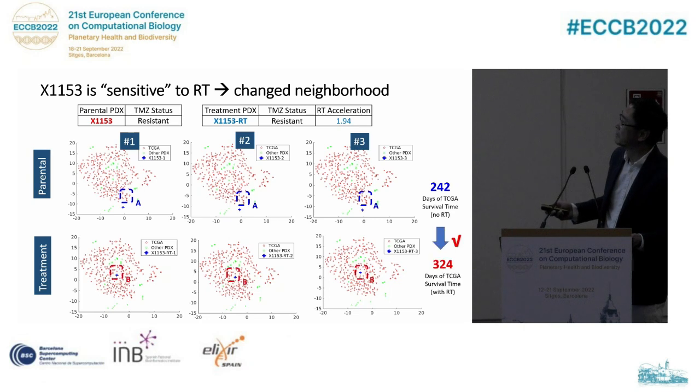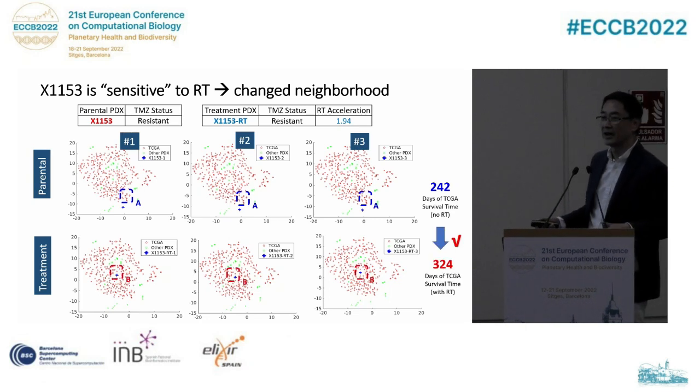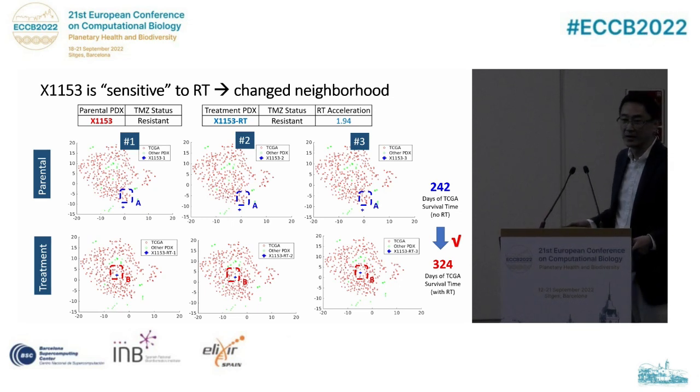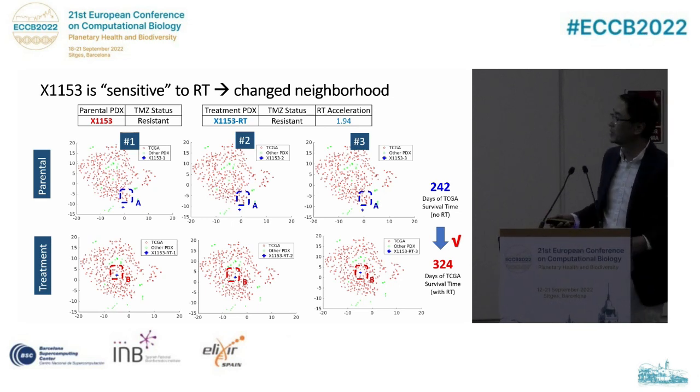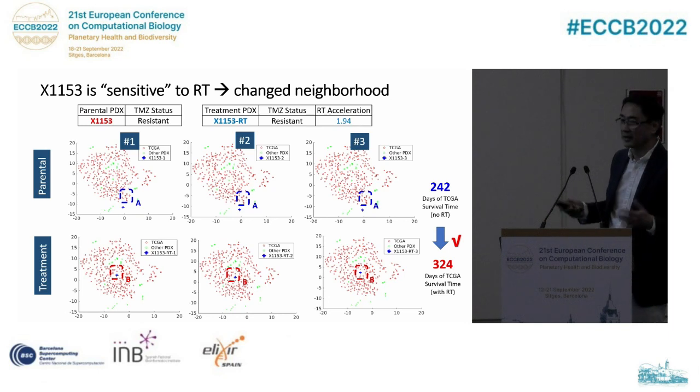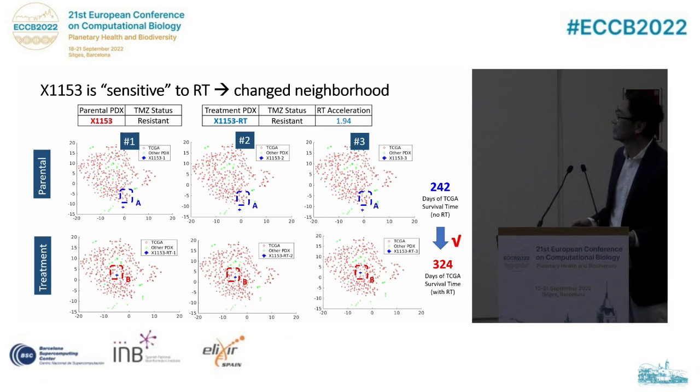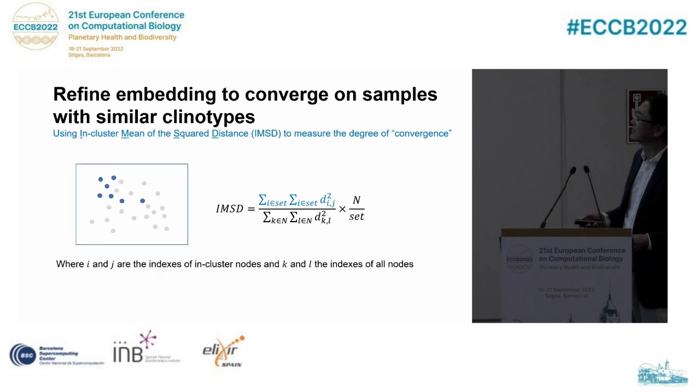When we look at the embedding neighborhood before and after, we see that there's actually a longer survival time. From this simple analysis, all of a sudden you find a clue that these embedding neighborhoods are important, clinical attributes are important, and combining everything together, you can do interesting things.